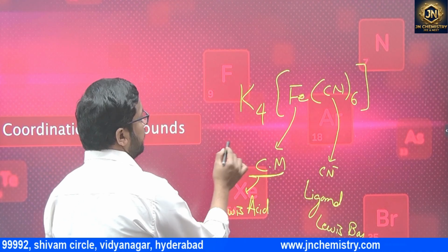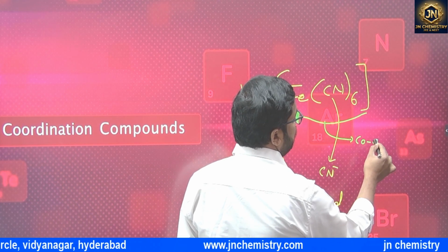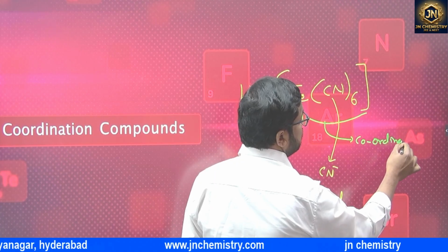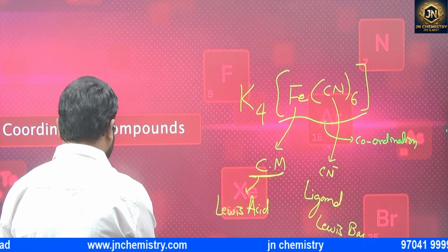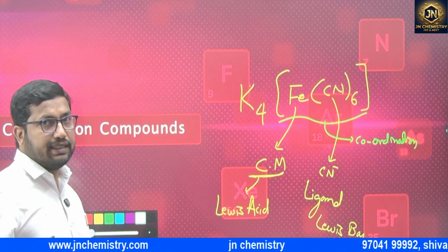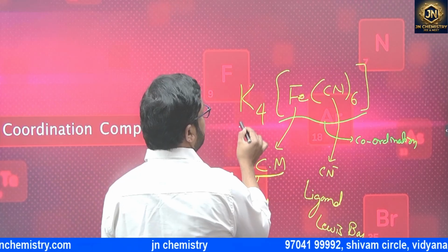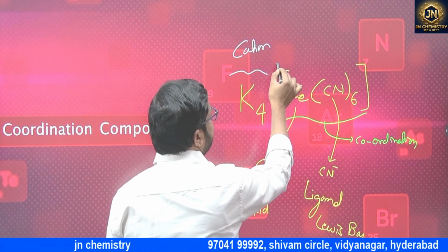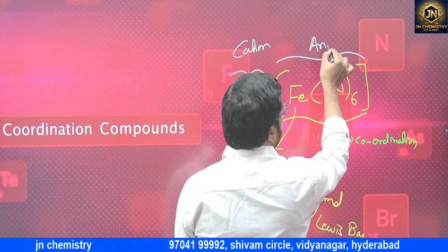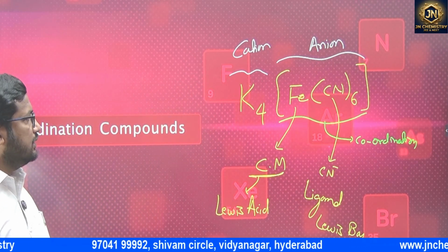This particular part we call the coordination sphere. For example, NaCl is a salt with cation and anion. Similarly here, this portion is the cation and this total is the anion.